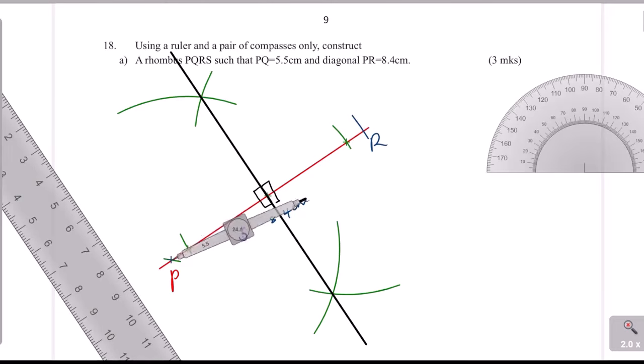I've taken it with a pair of compasses, and then I will mark anywhere on that particular line, that bisector. I will cut this line there. So that is where we shall have Q. So Q will be here. Mark Q there.